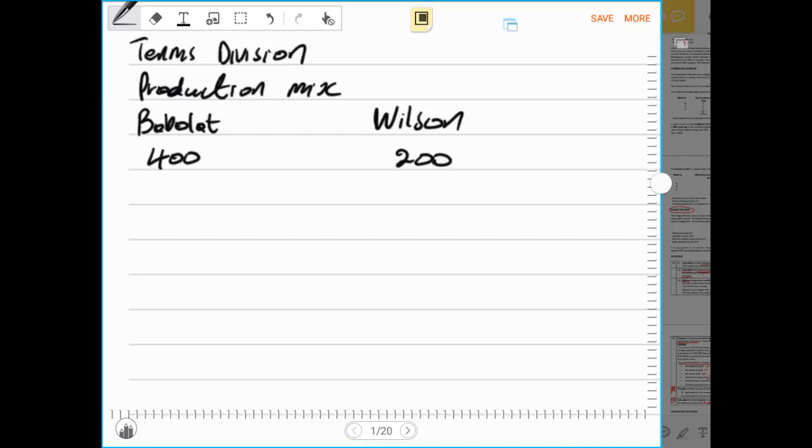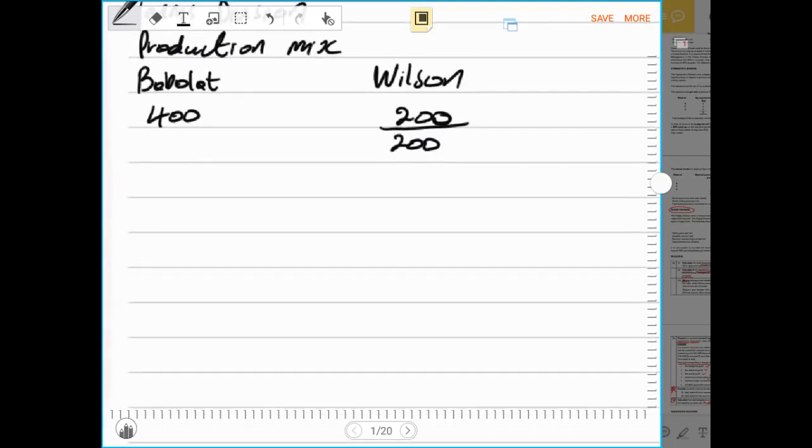So now when we're calculating our product mix, we divide here by 200, meaning we look for the common denominator. And also we divide by 200. The common denominator is the highest number that goes into both of the figures. So in this case, this will cancel this, this will cancel this.